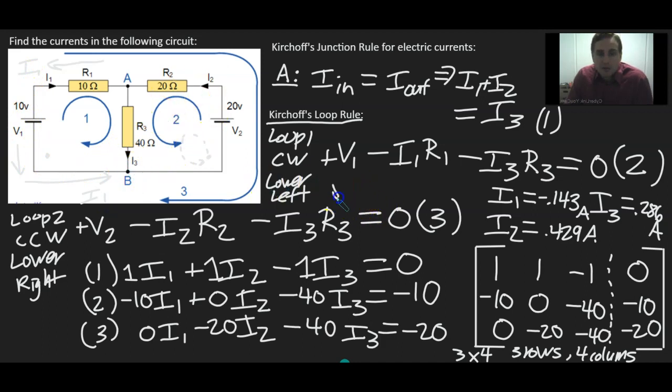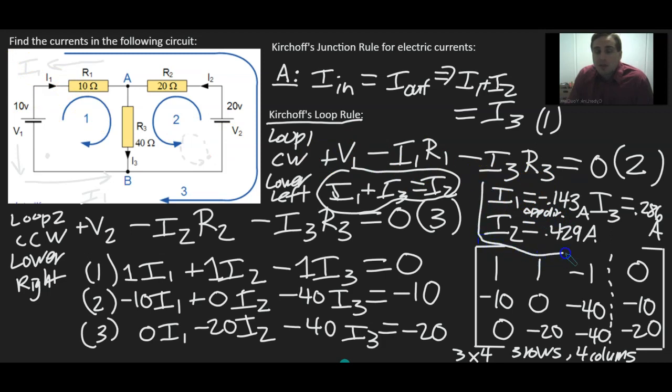So what we should write is I1 plus I3 equals I2. That's the real junction rule equation. But we didn't know that because we didn't know the direction of I1. So this minus means opposite direction from what was originally labeled. And then let's put a box around these because these are our answers.